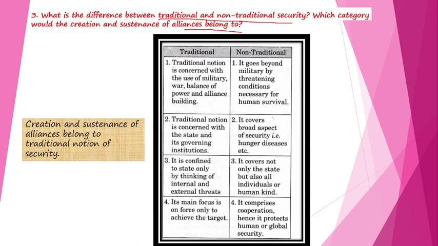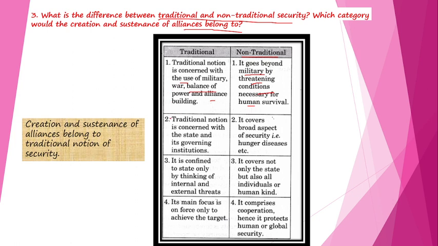I have written the difference here. On one side is traditional, and on the other side non-traditional. Traditional notions are concerned with the use of military, war, balance of power, and alliance building. These come under traditional. The non-traditional goes beyond the military by threatening the conditions necessary for human survival. Generally it goes on the basis of human beings, whereas traditional goes to the military and war, balance of power, and alliance building.